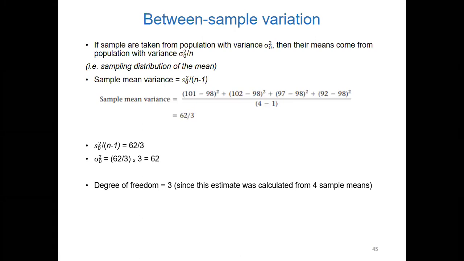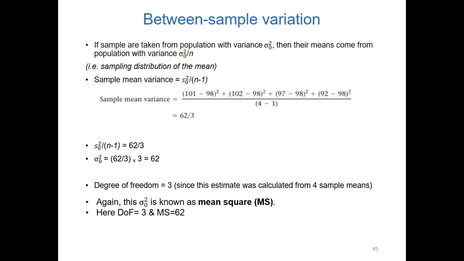Here the degrees of freedom is 3. In the earlier case, degrees of freedom is 8. The reason here, there are 4 sample means. Therefore, degree of freedom is 3. There are 4 sample means. That's why degrees of freedom is 3. Right?